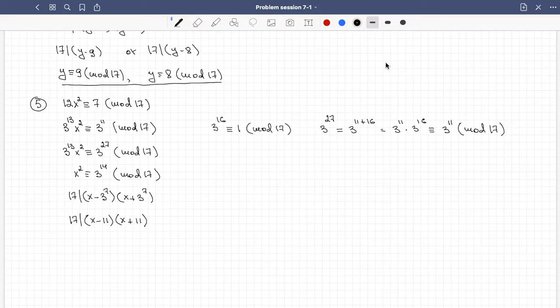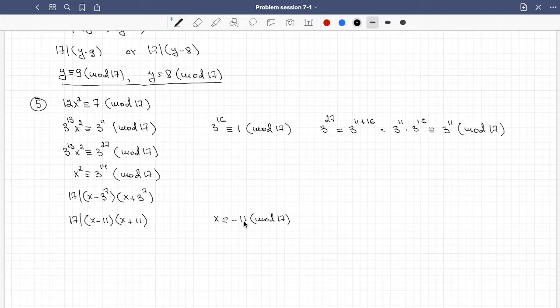And now one solution is pretty easy. Another solution is going to be x is congruent to negative 11 modulo 17, which is absolutely correct, but a little bit aesthetically irritating.